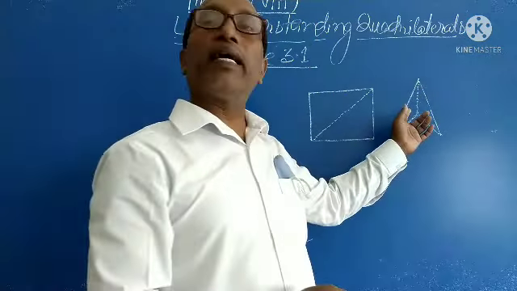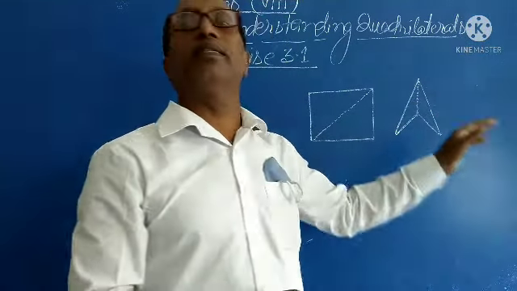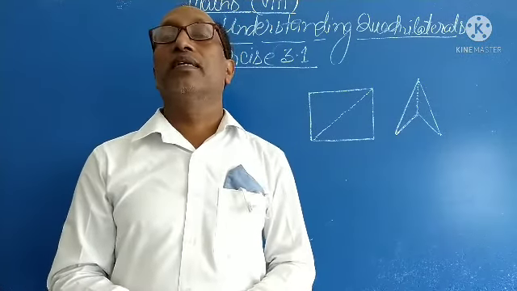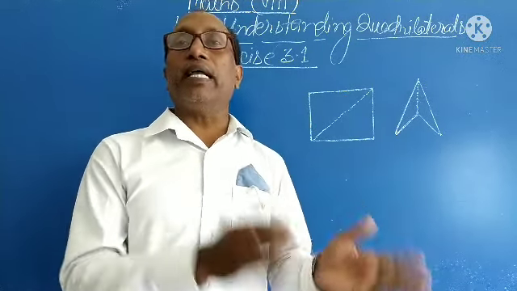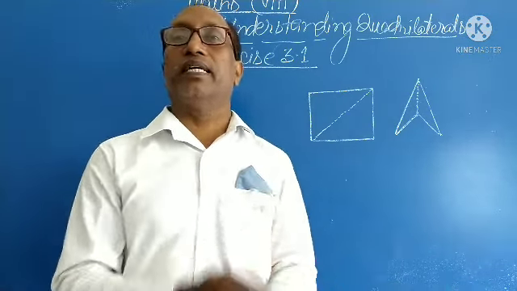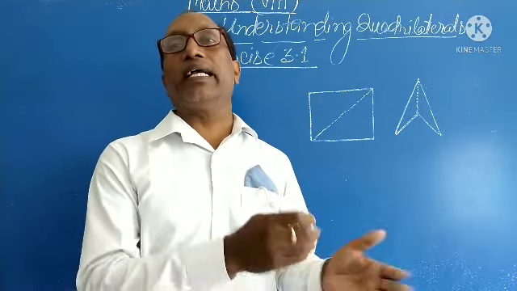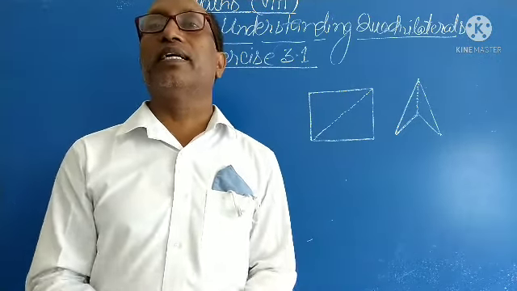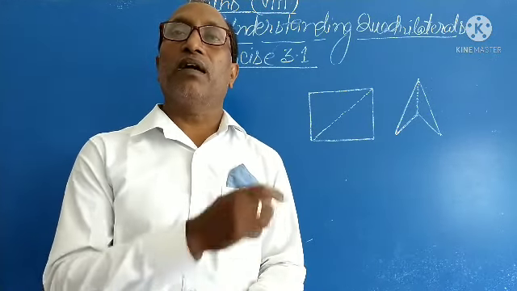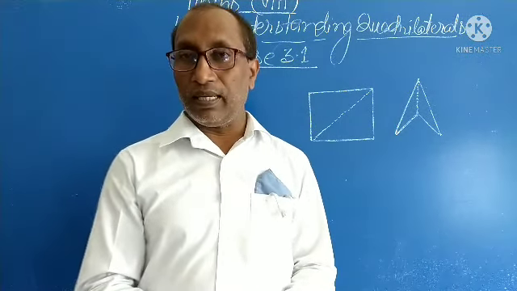One triangle's angle sum is 180 degrees. Then 180 plus 180 is 360 degrees. Both types of quadrilaterals have an angle sum of 360 degrees. This means the sum of the measures of the interior angles of a quadrilateral is 360 degrees, either convex or concave. Clear?